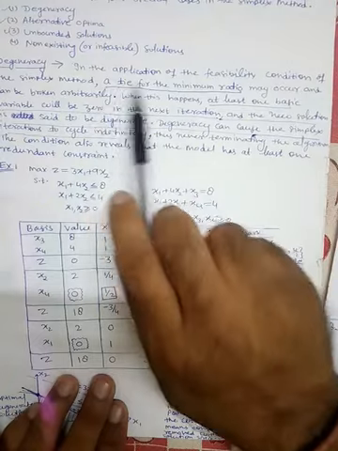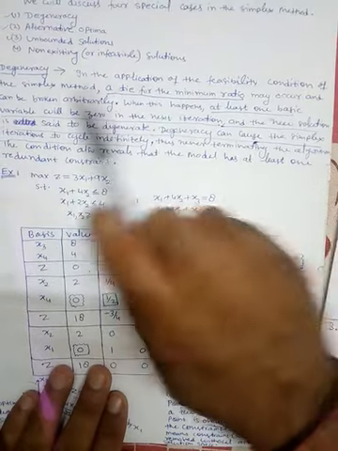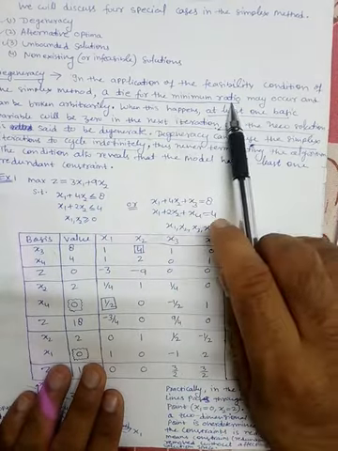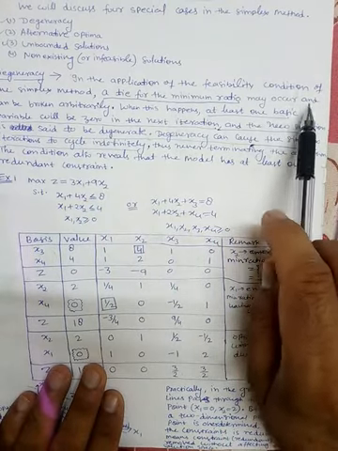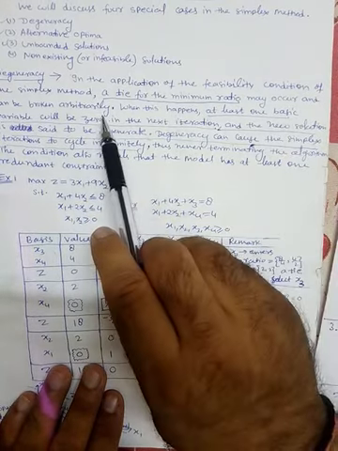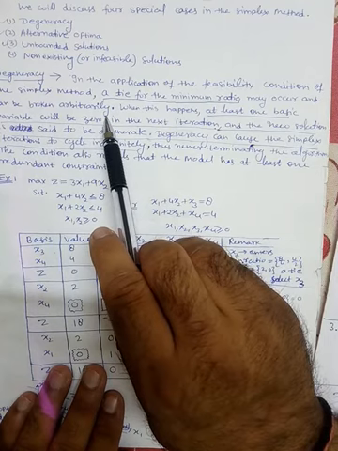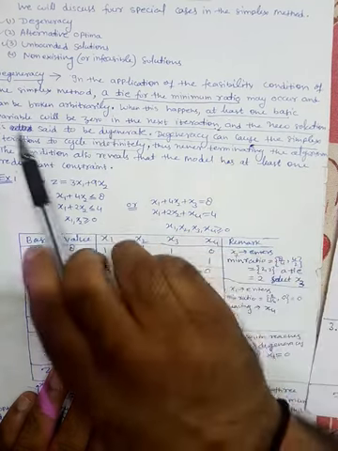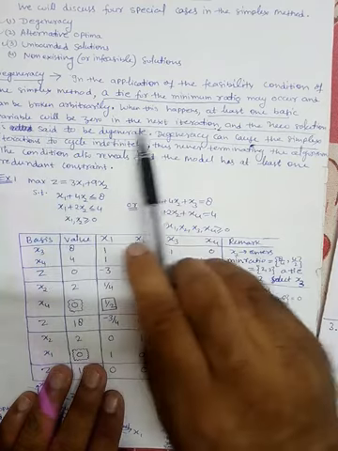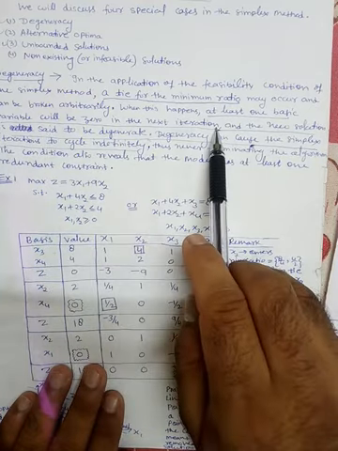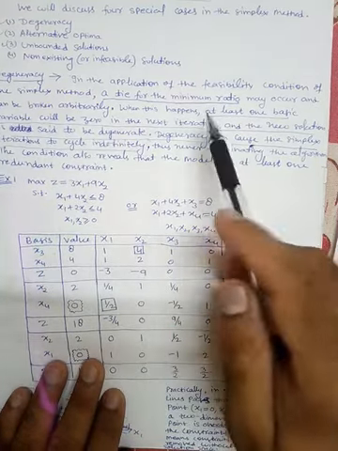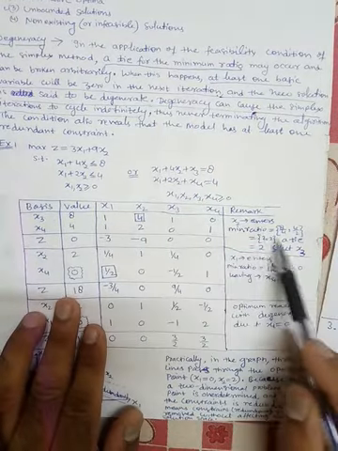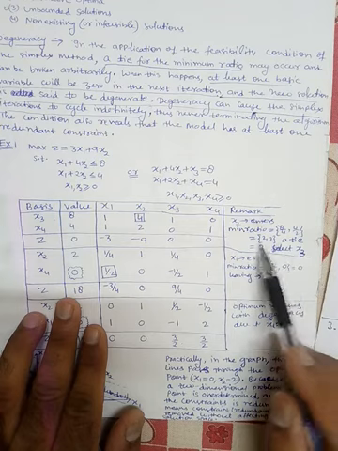So in the application of the feasibility condition of the simplex method, a tie for the minimum ratio may occur and can be broken arbitrarily. When this happens, at least one basic variable will be 0 in the next iteration. Let's see what that means. Here we have a tie, 2 and 2, both at the same level.